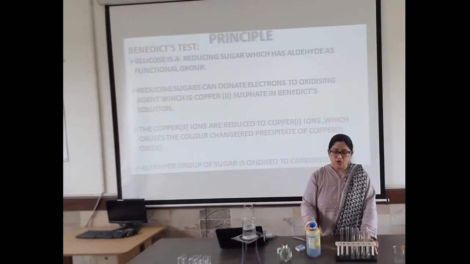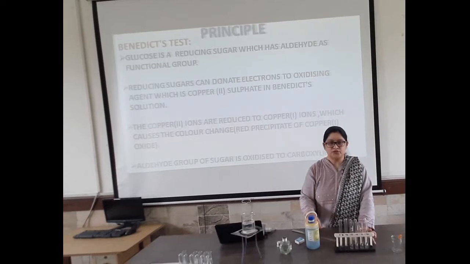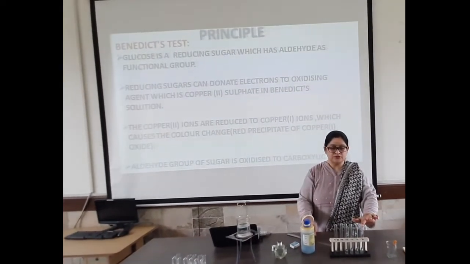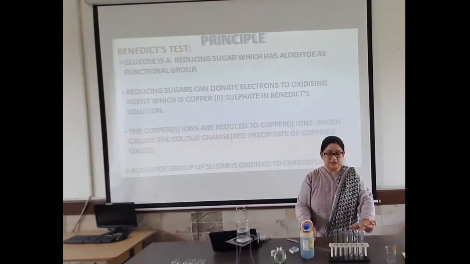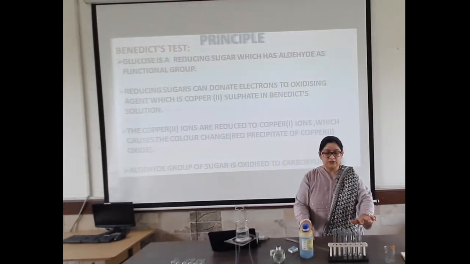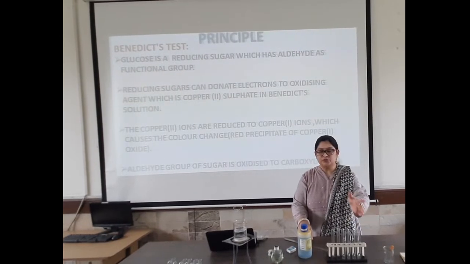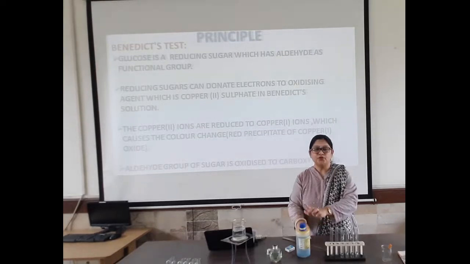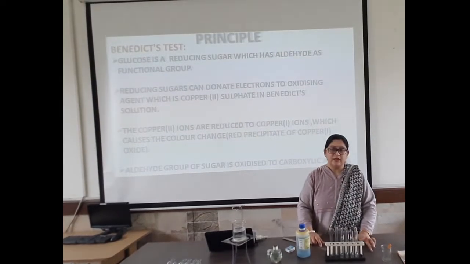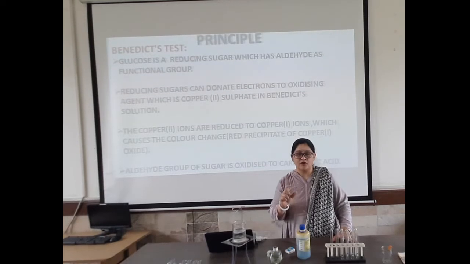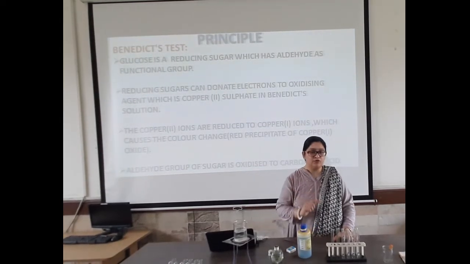So this copper 2 sulfate is the oxidizing agent, and here is the reducing aldehyde group. Glucose has an aldehyde group. So this sugar is going to reduce the oxidizing agent, copper 2 is going to convert into copper 1, and we get a precipitate of copper 1 that is orange red in color if glucose is present.